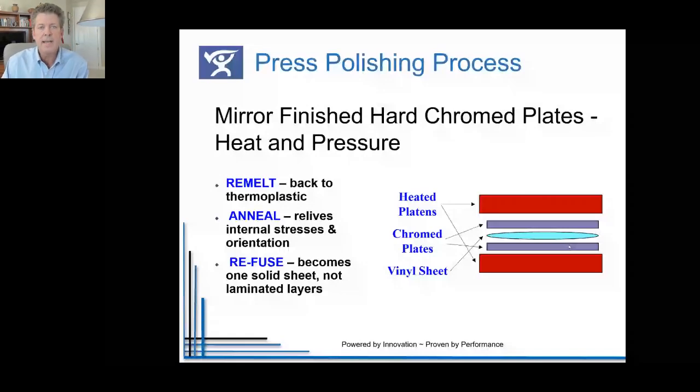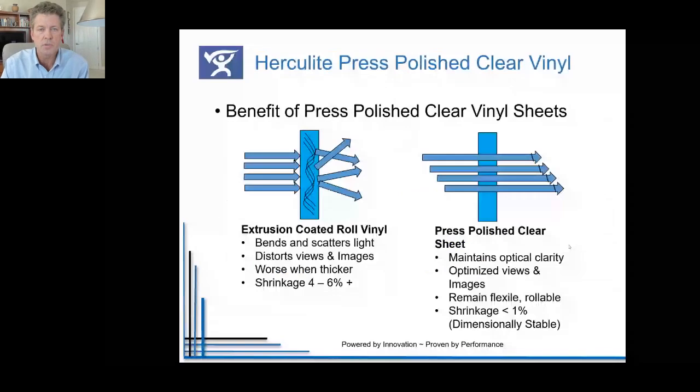So what does that do compared to traditional clear vinyl? Extruded clear vinyl that's made on a roll is a continuous process, and it's a good product. But you end up with a not so clear product. The extrusion coated roll vinyl tends to scatter and bend light, so it's a little bit more blurry. The thicker the product is, the worse that clarity is.